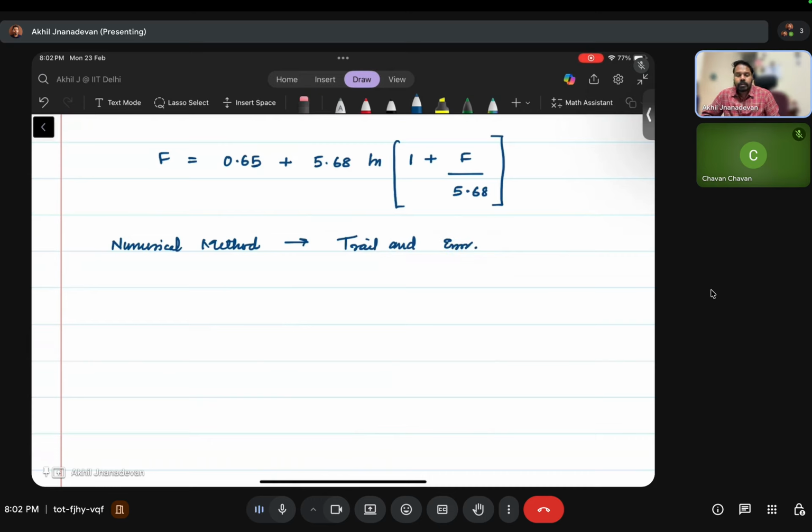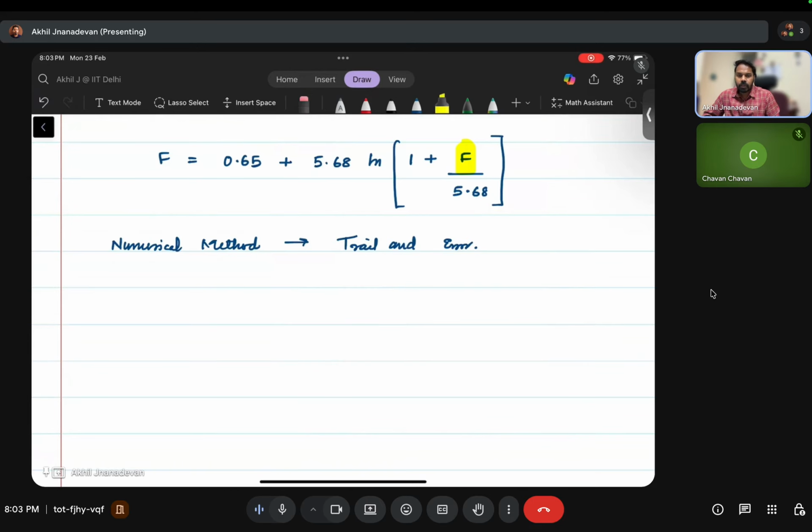What we do here is make some assumptions, substitute them, and see whether the LHS and RHS match. For example, F is given by this particular equation, so we assume some value for F and check whether the LHS and RHS match.